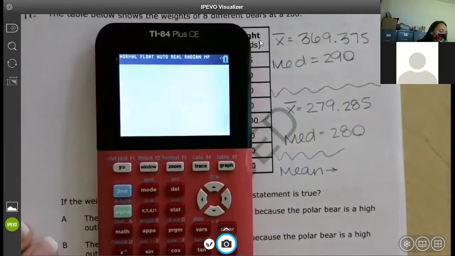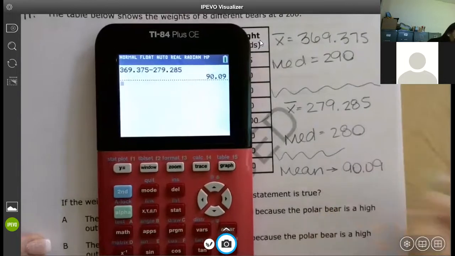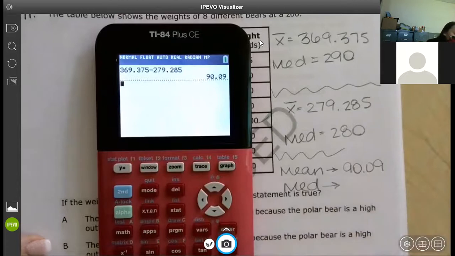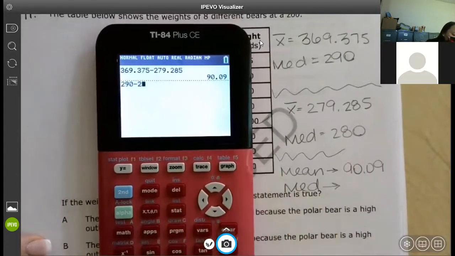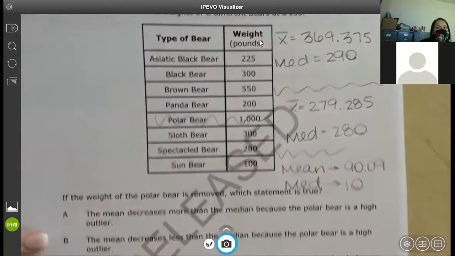So 369.375 minus 279.285 was 90.09. The median was 290 minus 280, which is 10.